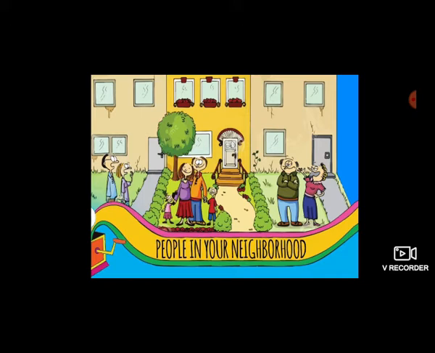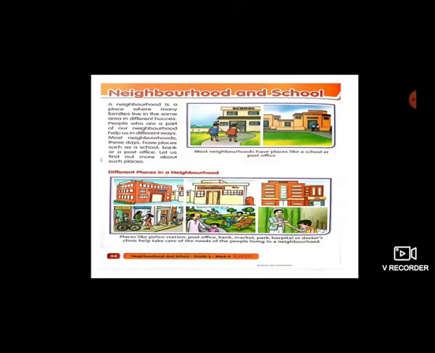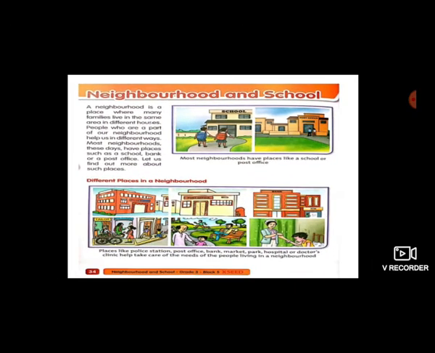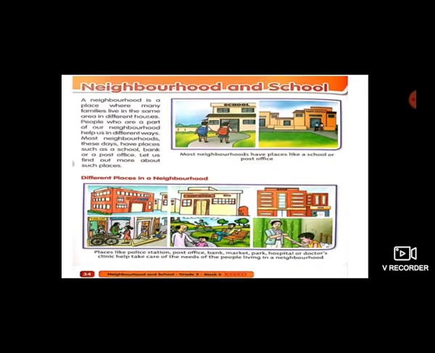Okay, now students, let's read this topic from our content book, which is given on page number 34. See, neighborhood and school. Students, about the school we will learn in our next video. Right now we are learning about the neighborhood.